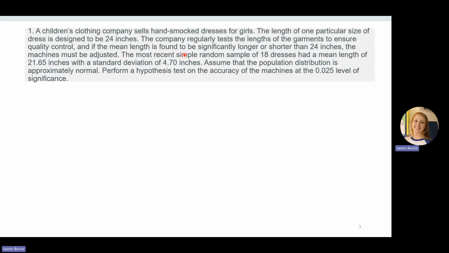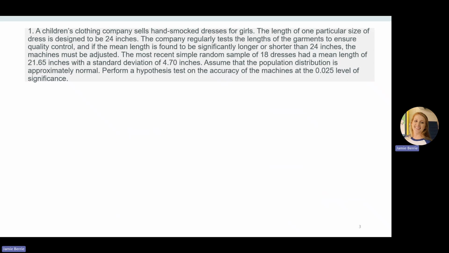The most recent simple random sample of 18 dresses had a mean length of 21.65 inches, much shorter than intended, with a standard deviation of 4.70 inches. Assume that the population distribution is approximately normal. Perform a hypothesis test on the accuracy of the machines at the 0.025 level of significance.